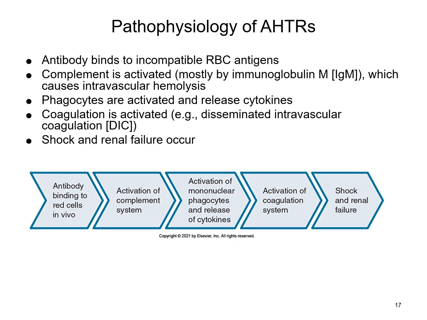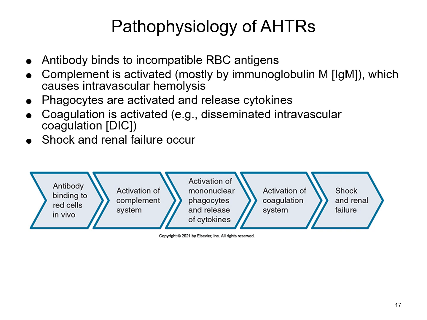All right, so the pathophysiology of those acute hemolytic transfusion reactions. Basically, antibody is going to bind to those incompatible red blood cells. Then complement is going to be activated. It's mostly going to be IgM mediated, which causes that intravascular hemolysis. This is where those ABO incompatible products are going to poke their head up pretty quick at the start of the transfusion.